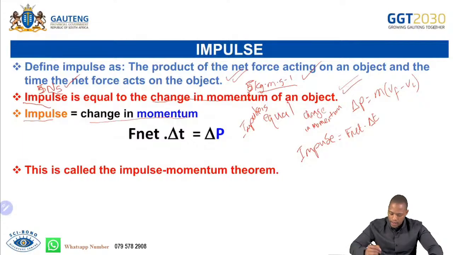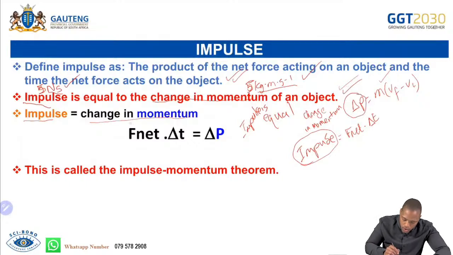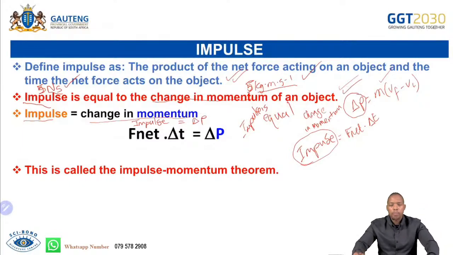And last week we said, as we have written here, the change in momentum is equal to m(vf minus vi). So what we are essentially saying is that the impulse is equal to this. So we can say impulse is equal to delta p.